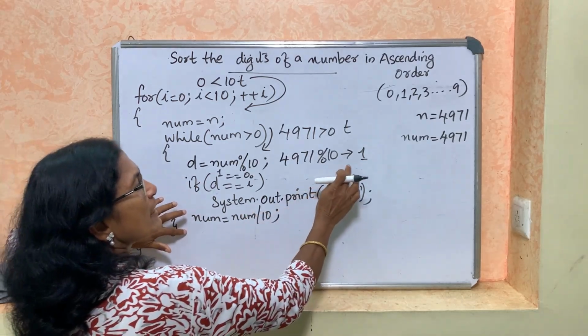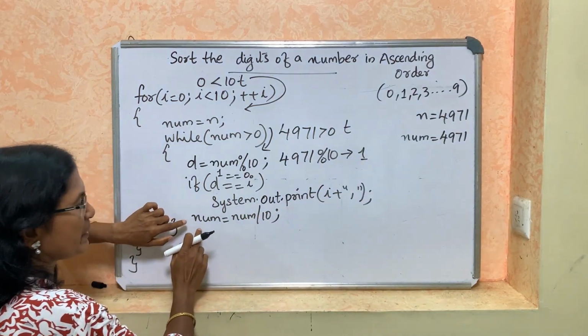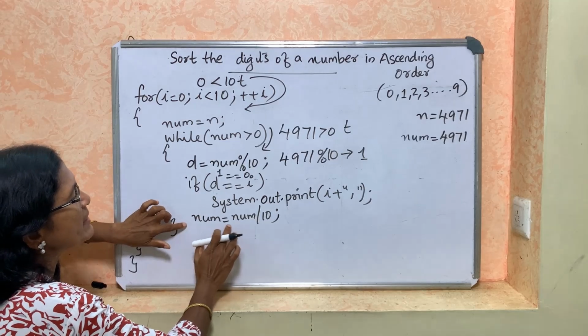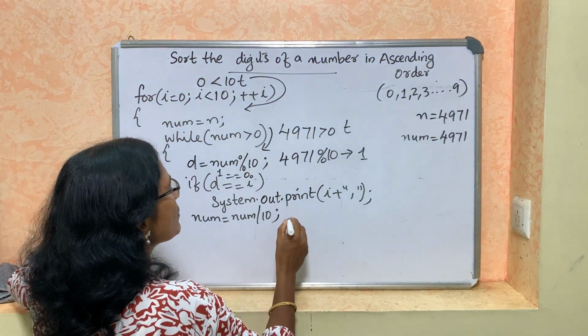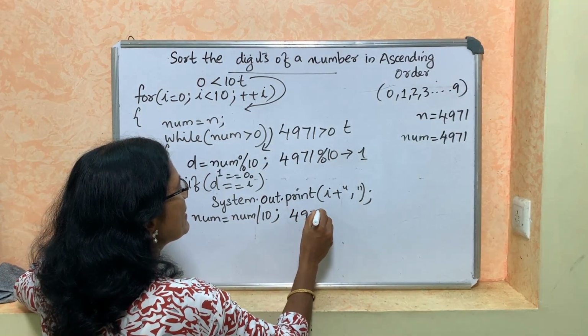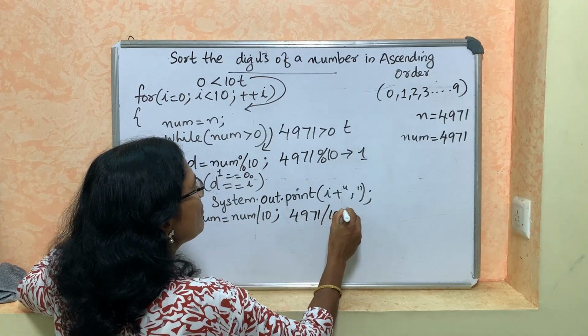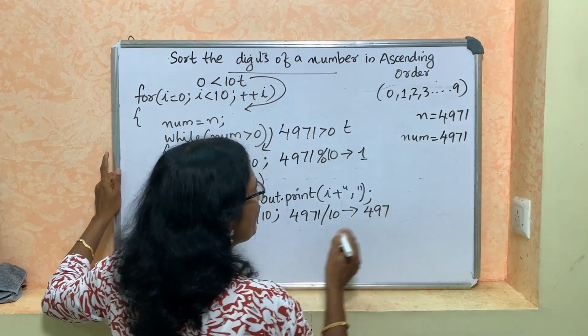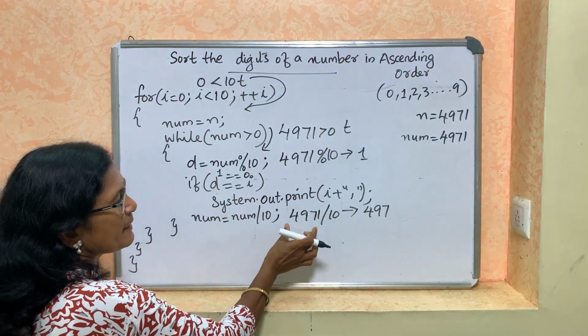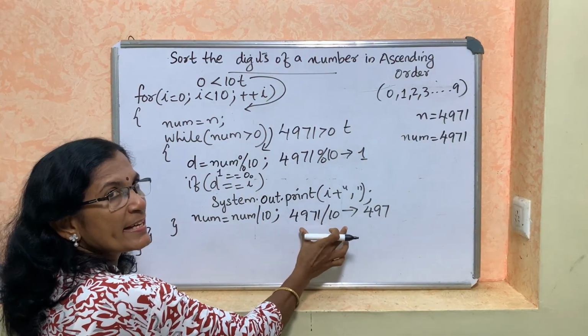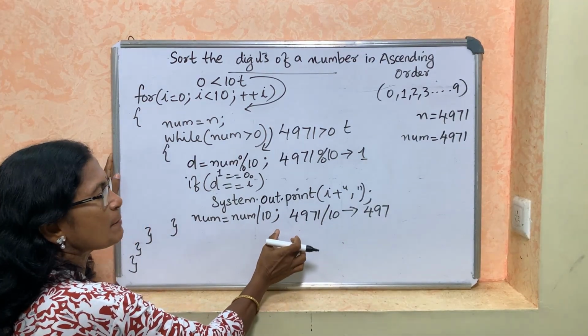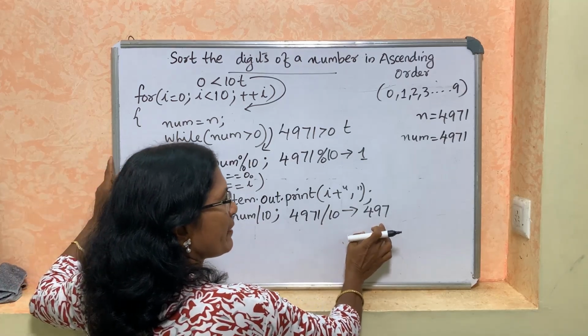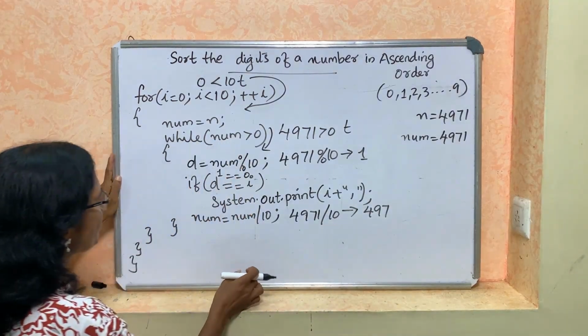Let us remove the last extracted digit from the number by using the statement num equal to num divided by 10. So 4971 divided by 10 will result in 497, the quotient of the division, because the dividend and the divisor are both integers. So the quotient will be an integer number, 497.